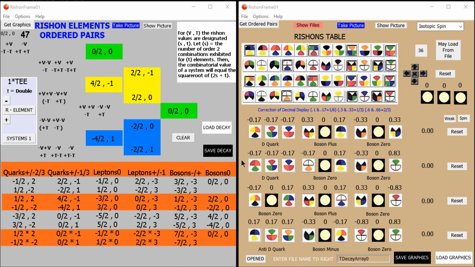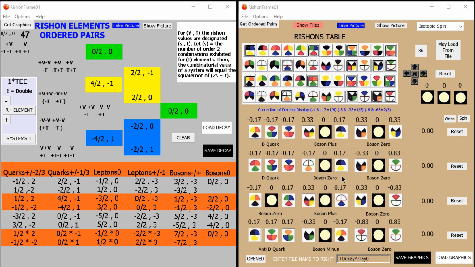Now, let's look at the B quark. The B quark, similarly, has the generic D quark contribution of minus 1/2.